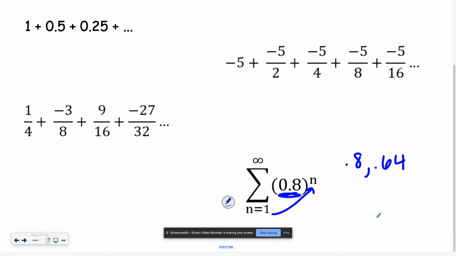So then we would say that it converges. And we would do a sub 1, which is 0.8, over 1 minus my common ratio. And then I'd be able to solve from there.